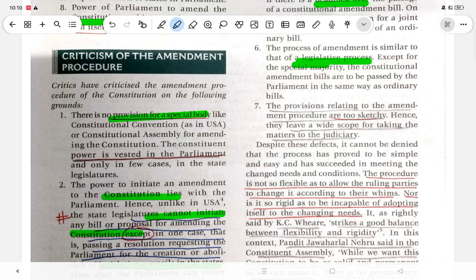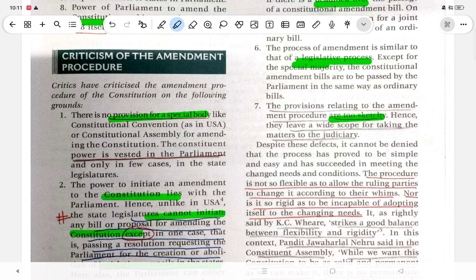Seventh, the provisions relating to the amendment procedure are too limited, hence the wide scope of the matter being taken up by the judiciary. Despite these defects, it cannot be denied that the process has proved to be simple and easy, and has been successful in meeting the changing needs and conditions.